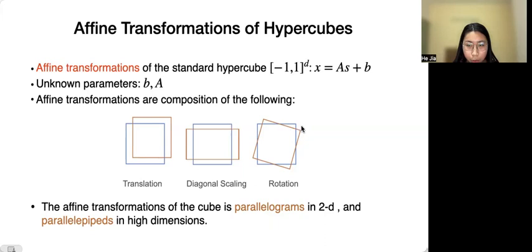In this figure, all these three examples are in 2 dimensions. They look like parallelograms in 2D. And in high dimension, the affine transformations of the cube are parallelepipeds. The opposite facets of this transformed cube are parallel.